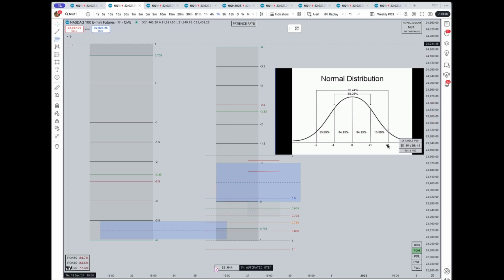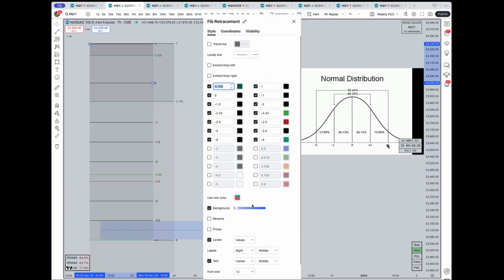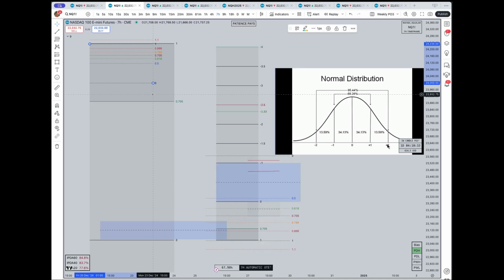Another confluence: I take the high and low of the last move and try to match the 705 or 786 retrace with the 2.5 or something around here. If it matches, fine, I most likely trade until here.